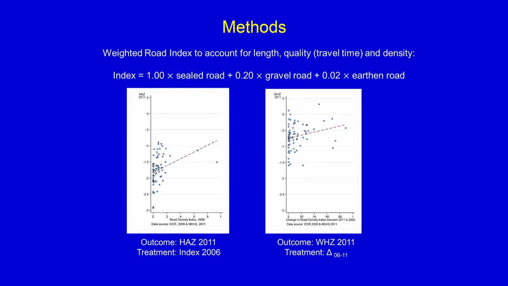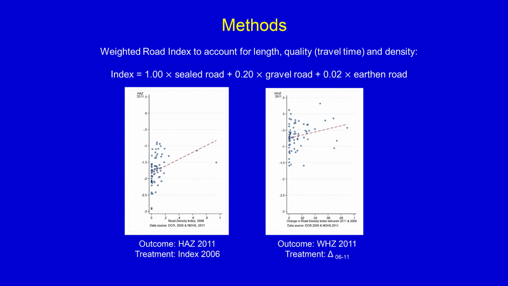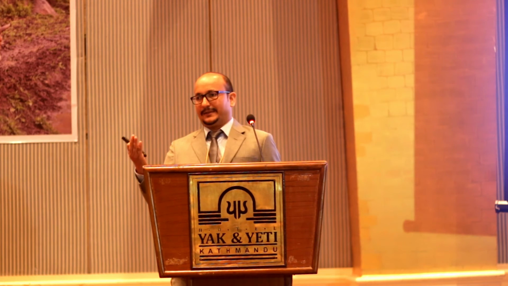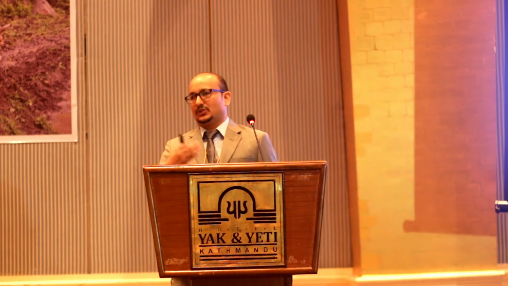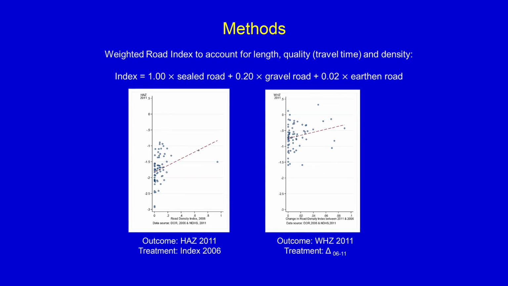We created the index in such a way that sealed or blacktop roads are 5 times as effective as gravel roads and 20 times as effective as earthen roads. In our main paper, we changed these assumptions and did sensitivity analysis, and our results hold true for changing those assumptions.